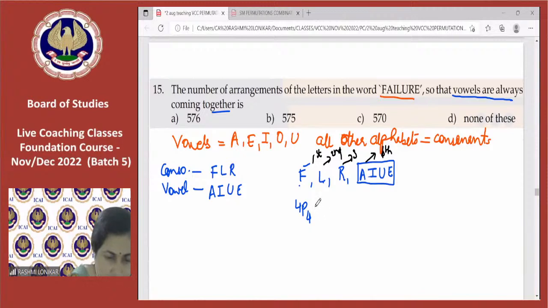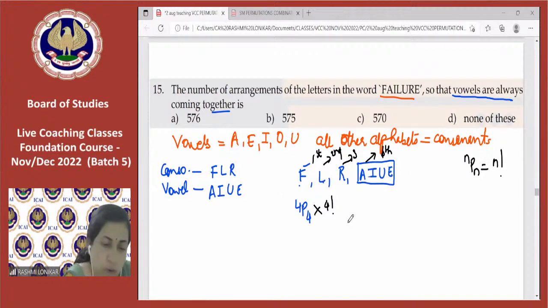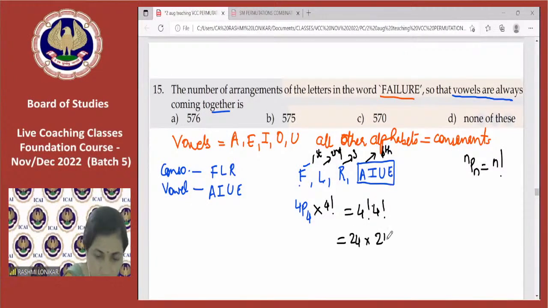So this into 4 factorial. Now, how much is 4P4? You know nPn is equal to n factorial. So 4P4 is 4 factorial. And this arrangement of the vowels within themselves is equal to 4 factorial. 4 factorial I know is 24, so 24 into 24 is equal to 576. So the answer is 576.